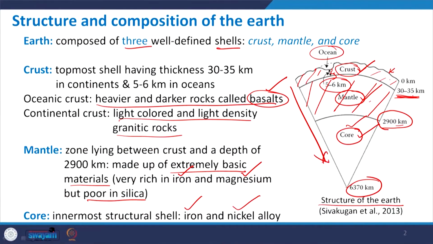So based upon the kind of material that you encounter as you go towards the center of the earth, you can take a call whether this is part of the crust, mantle or core. So remember, earth is composed of 3 shells: crust, mantle and core, and remember their basic properties.